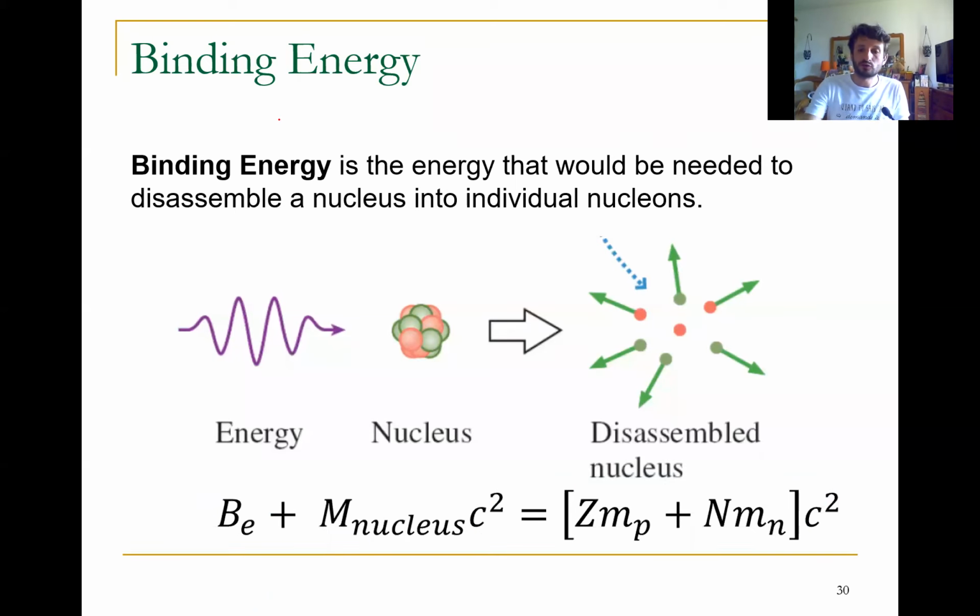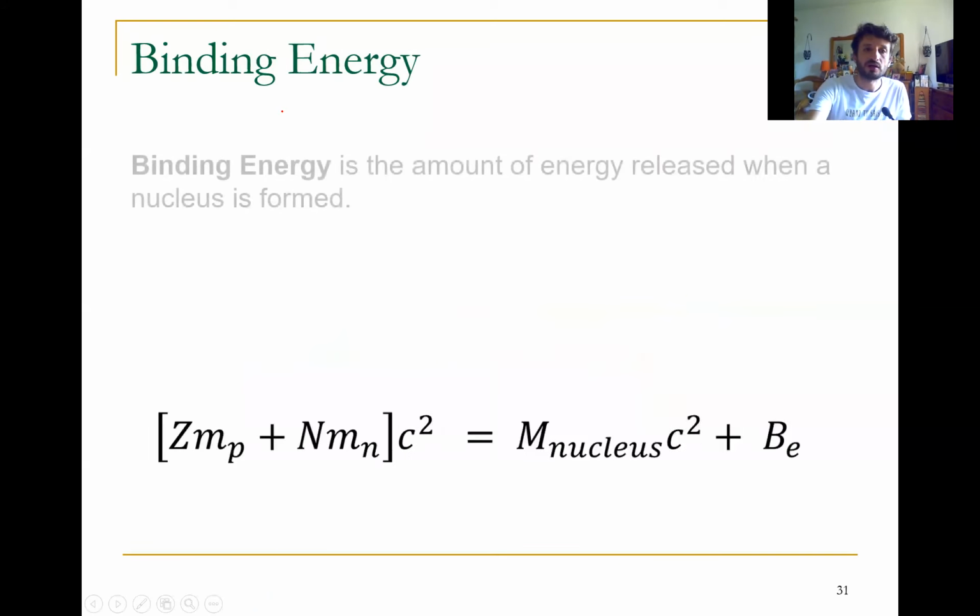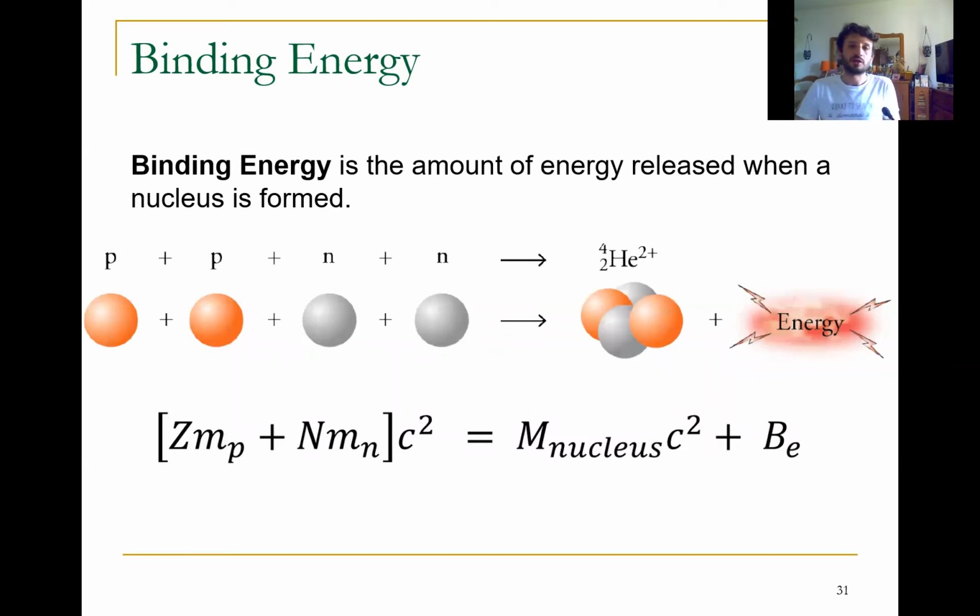Let's go to the nuclear fusion reaction. In the case of nuclear fusion, light particles can be combined together to create a new nucleus. Okay, for example, I give a simple example here.